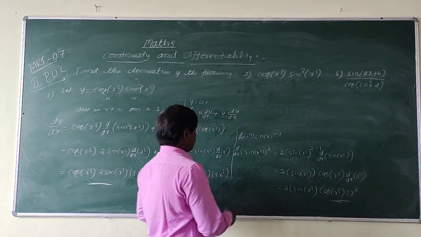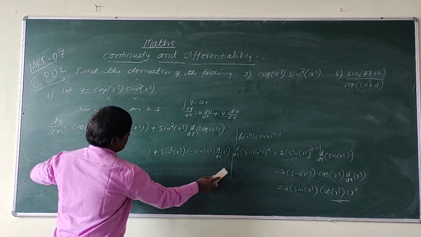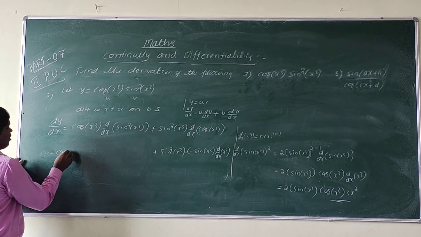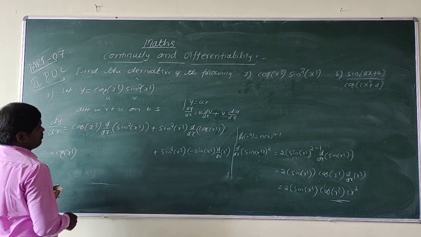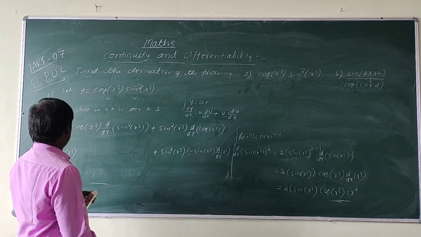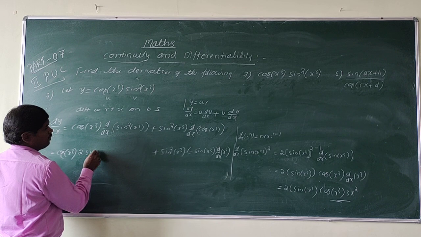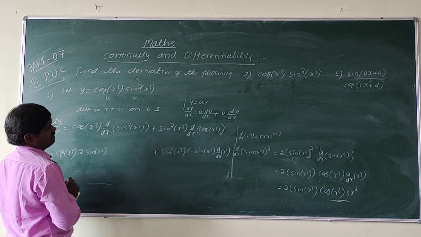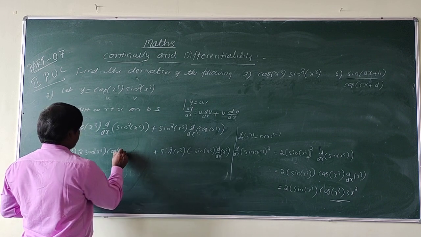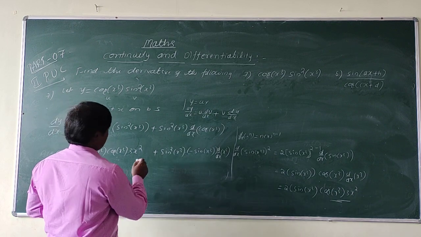Here there is a mistake, so this time I want to change this part. That is cos of x cube. Here the differentiation of this term is 2 into sin x cube into cos x cube into 3x square.